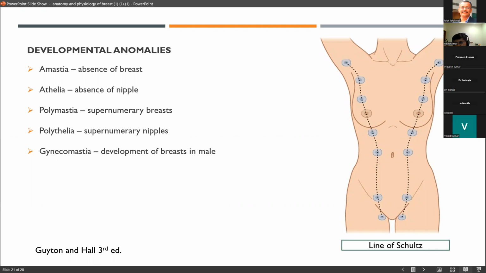When I ask that question, it obviously means it is not. Yes, sir. In the upper outer quadrant, the fibrostroma and the lobular components are much more. Hence, the incidence of breast cancer is highest in the upper outer quadrant. So you have to remember that.